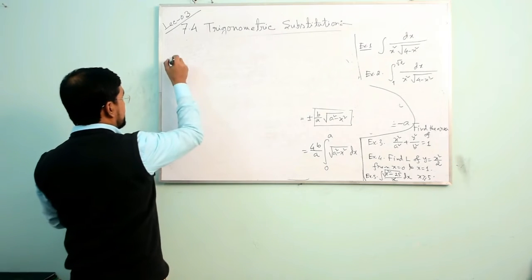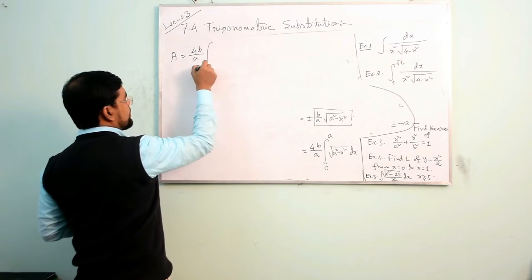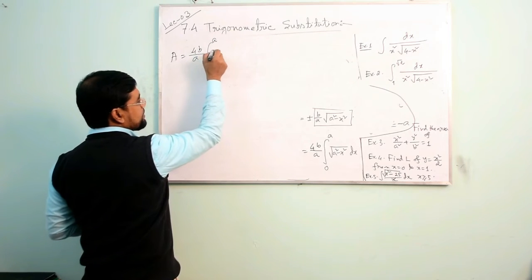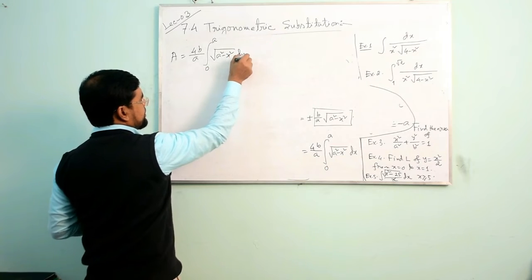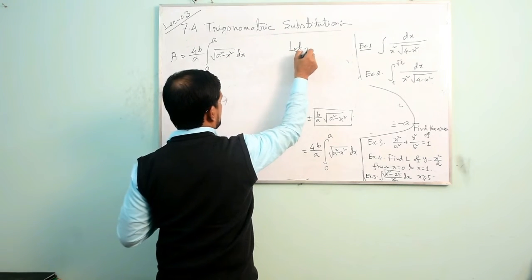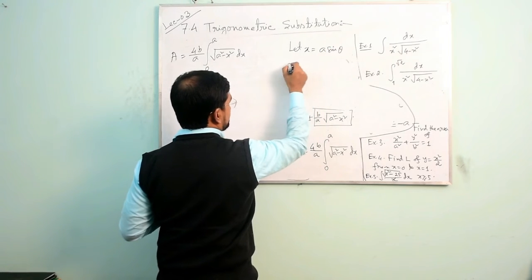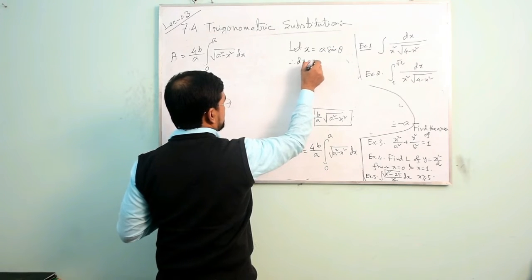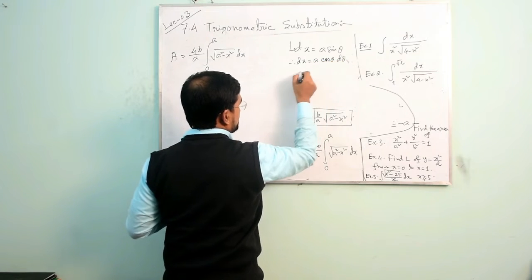So the area is equal 4b by a integral 0 to a root a square minus x square dx. Now let's say x equal a sin theta, therefore dx equal a cos theta d theta.